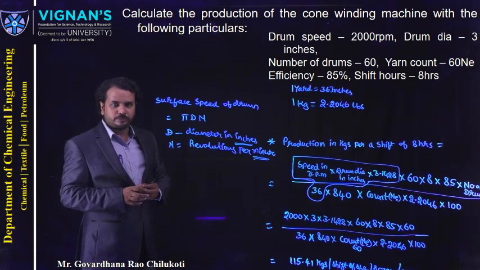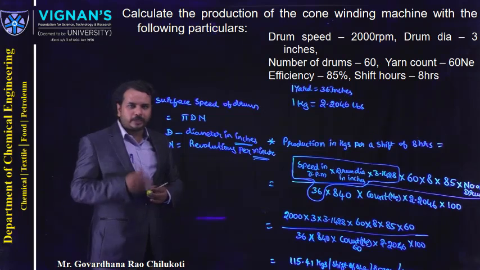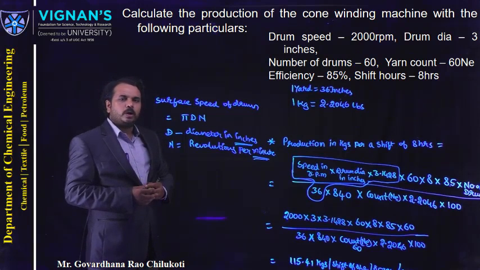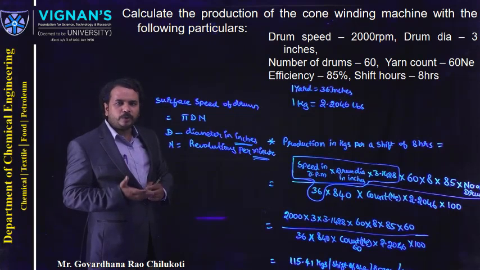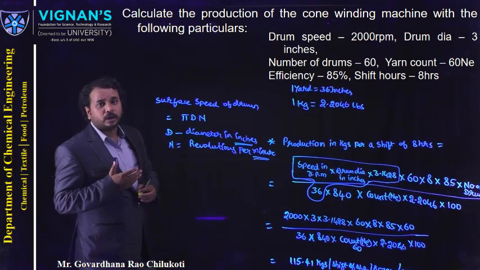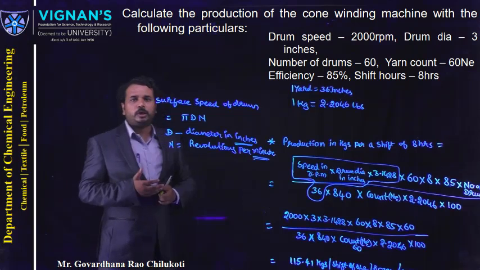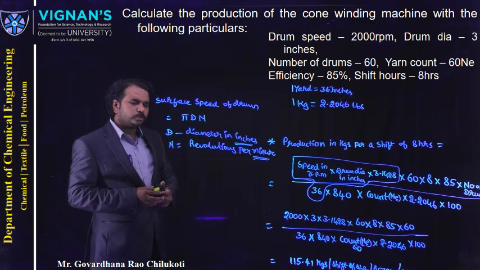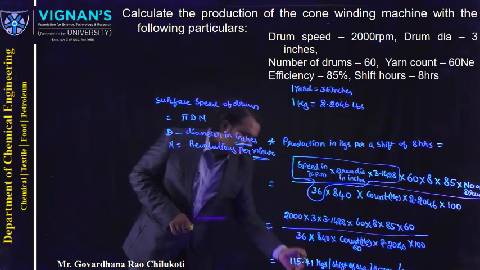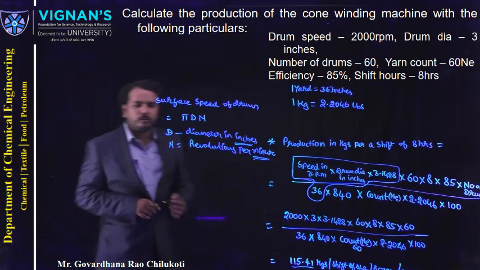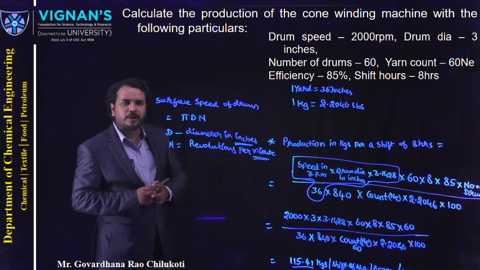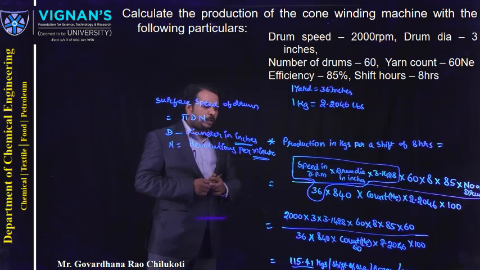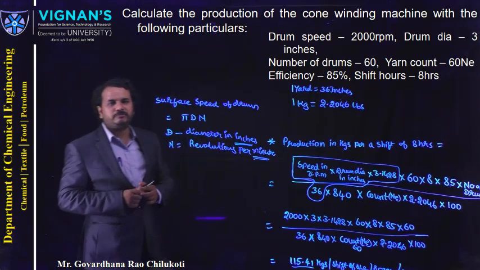Next we will see one more problem in the winding machine, how we can calculate the production. If you observe, this production is 115.41 kgs per shift of 8 hours with 85% efficiency.